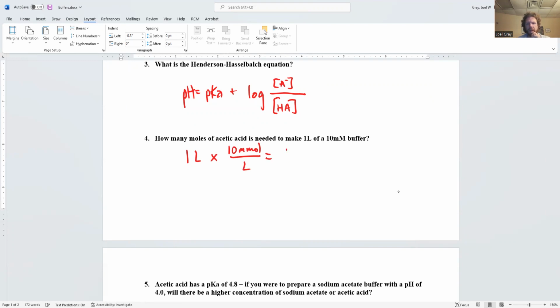That's going to give me 10 millimole, which is the same as 0.01 mole. I'm going to use that information later on: 0.01 moles of AA, or acetic acid.